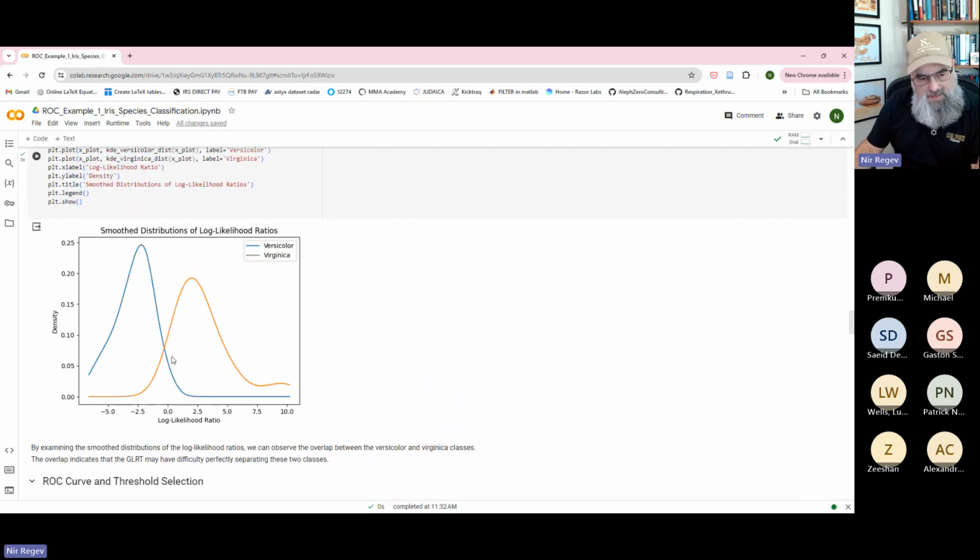The PFA, the false alarm probability, is the area under the tail of this blue line, starting from the threshold. So let's say the threshold is right here. Then we take a line up to here, so it's -1, and we integrate the blue line from -1 up to infinity. This area under the tail is the false alarm rate.